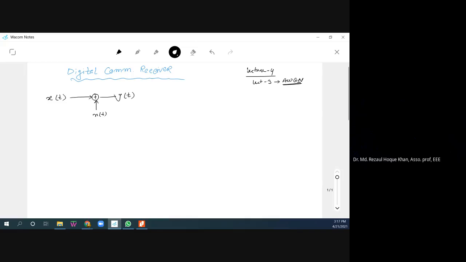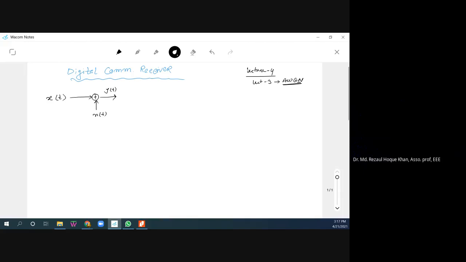The output signal is y(t). This received signal needs to go through some operations, in the detection stage.